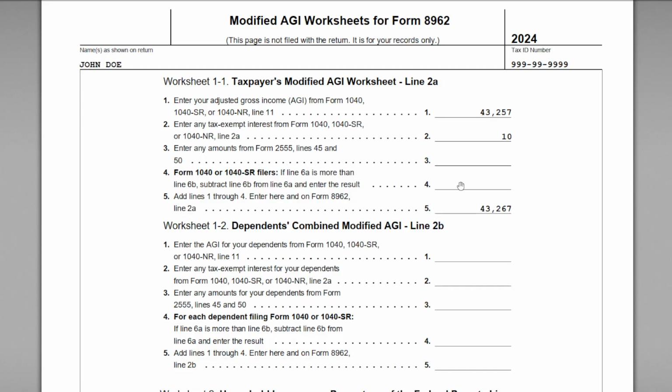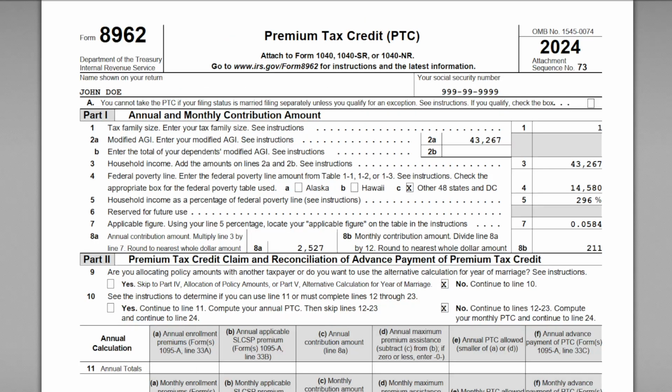In John's case, we have his AGI, and we have an addition for tax-exempt interest reported on his 1040. So this is one adjustment that applies to John. He's not taking the foreign earned income exclusion, so line 3 is blank here. So we have the one change to increase his AGI by $10 up to a modified AGI of $43,267. So $43,267 is his modified AGI reported on line 2A.